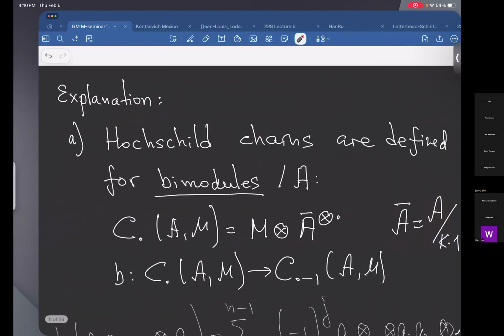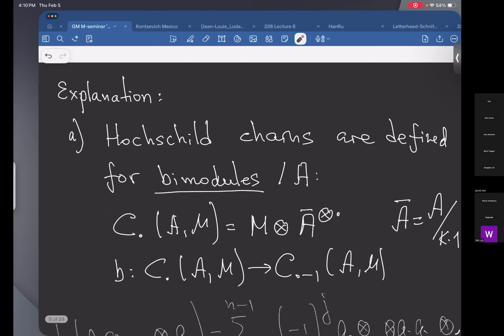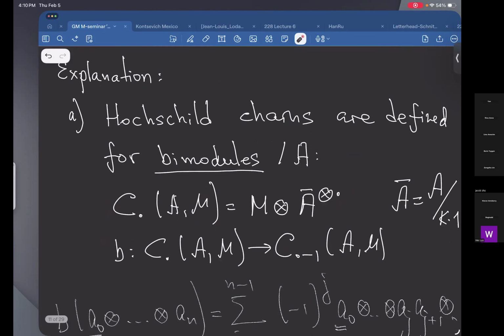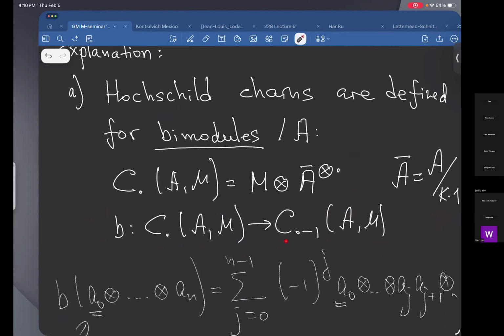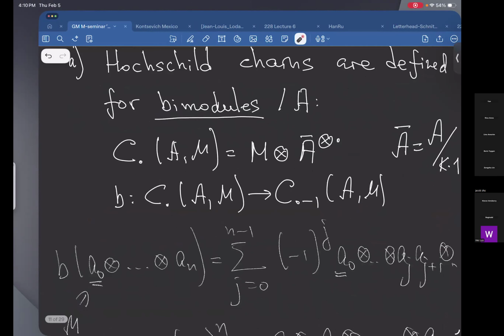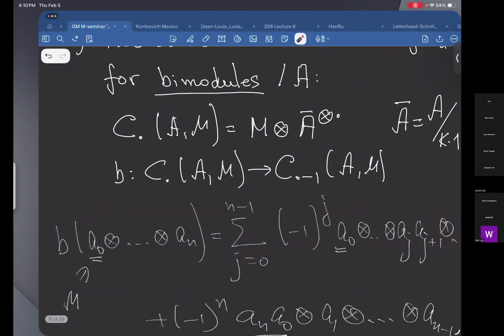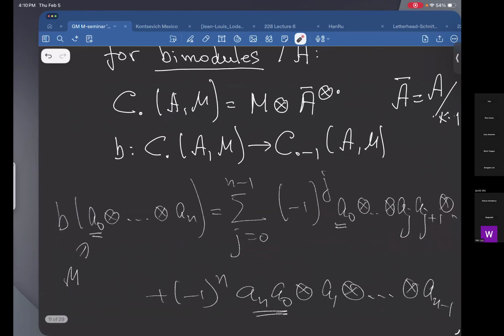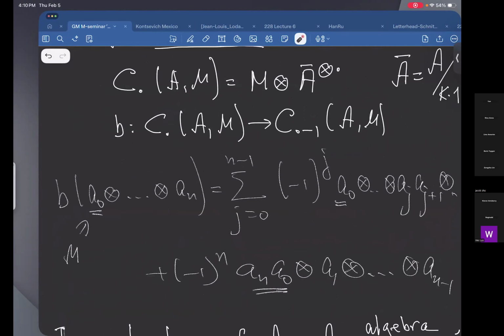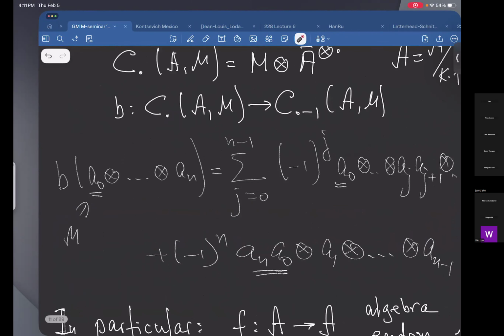So maybe finally, let me define my Hochschild chains. Here is the definition, and crucially, they have another argument, which is a bimodule over A, and there is a Hochschild differential. Here it is for completeness. And again, this underlined first or zero argument is actually in the bimodule.